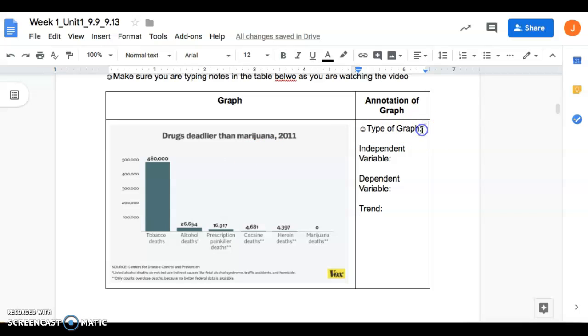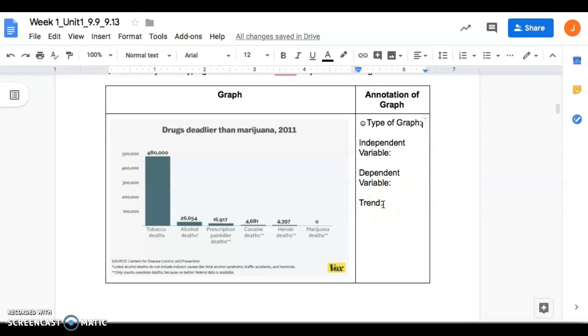All right, so the first thing that you have to notice is what type of graph it is. The graph to my left, I know that this is a bar graph. It literally looks like I have different bars or columns here. In every graph, I try to pick out what the variables are before I pick out what it's saying. What am I looking at?